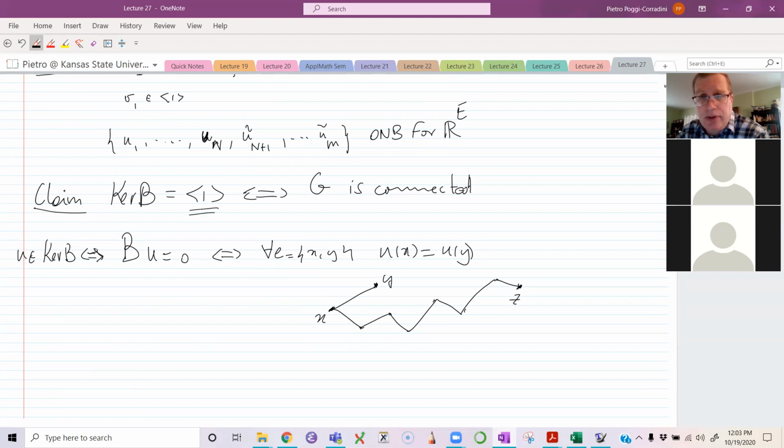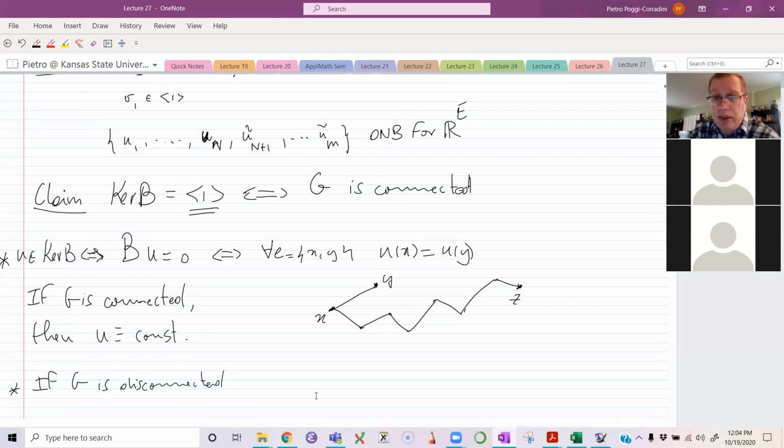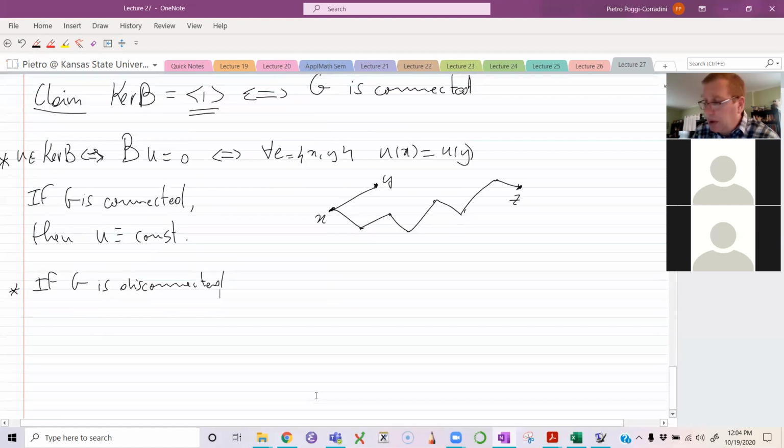And then how do you prove the other direction? Well, suppose G is disconnected. If G is connected, then U is constant. Conversely, if G is disconnected, then it's going to have connected components, right?